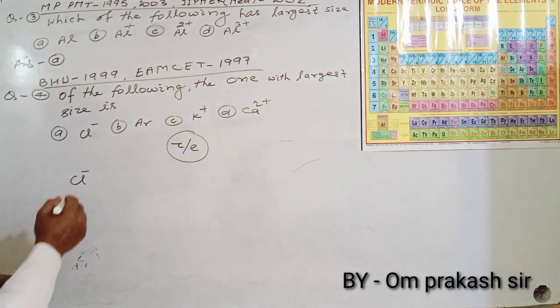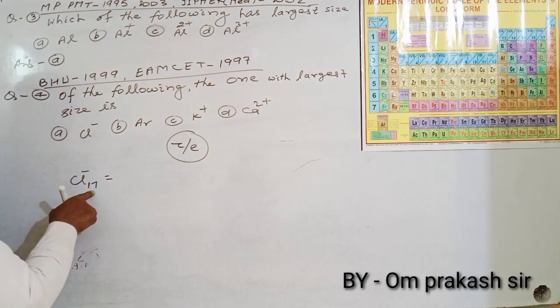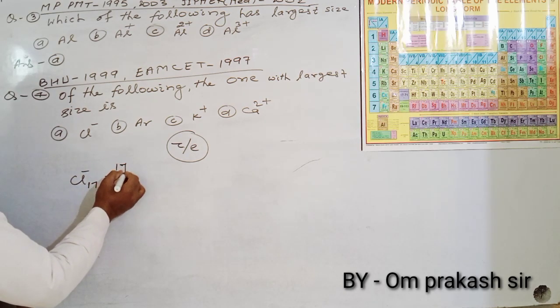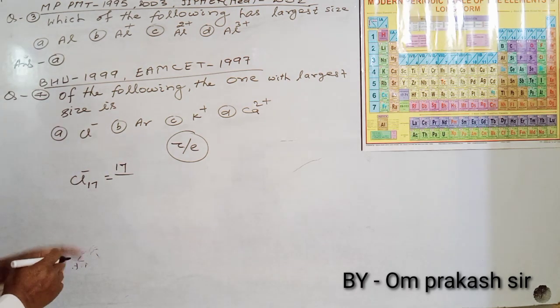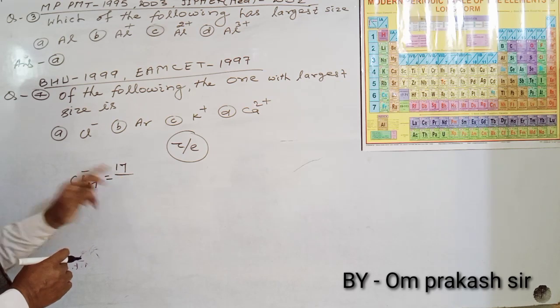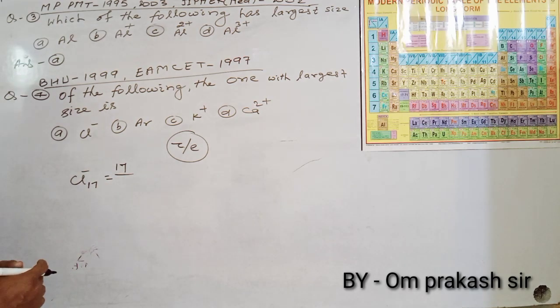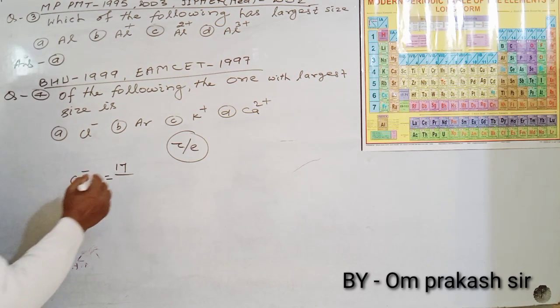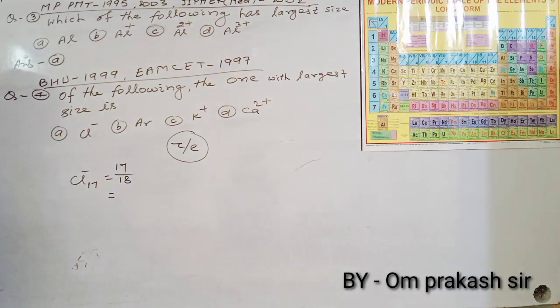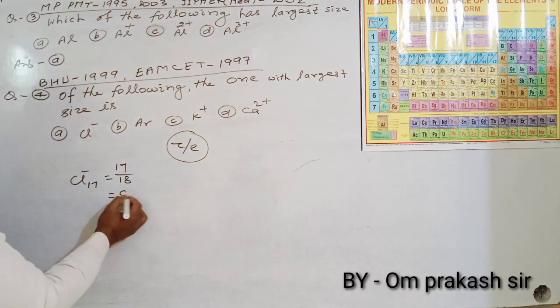Here we write 17, it is the value of Z. The value of E is 18, since 17 plus 1 is equal to 18. We divide 17 by 18, we get 0.94.